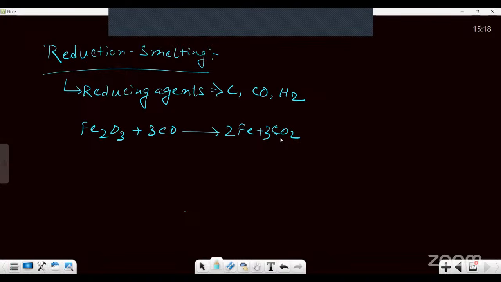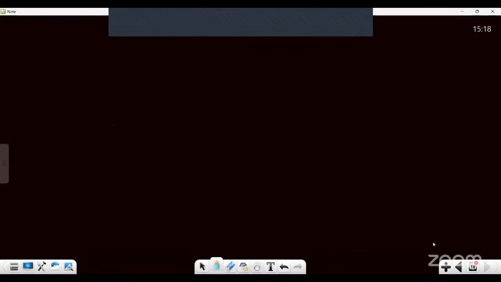So this is our reduction smelt, right? Similarly, PbO, lead oxide, plus carbon gives lead plus CO2. Okay. So this was all about the smelting that we saw.